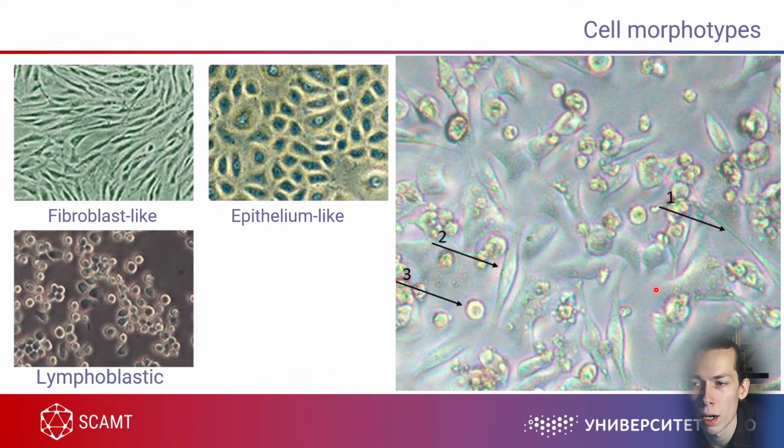For example, in the next lecture, I will show you an example of an anti-cancer drug called docetaxel, which can act on cells only during mitosis, because its primary mode of action is connected with tubulin, and tubulin is involved only in mitosis.